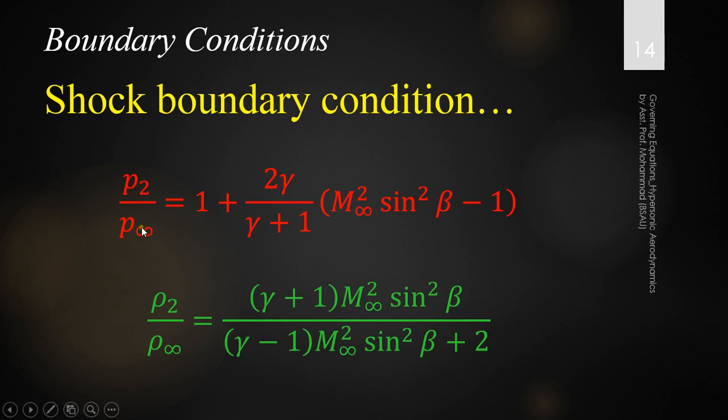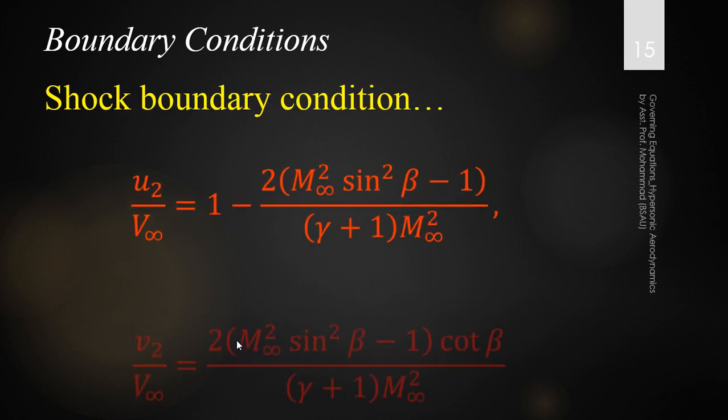So P2 by P infinity is the general relation for the pressure ratio across an oblique shock of shock angle beta given here. This is an exact relation. First of all, we saw that this is a density ratio. So the pressure ratio and the density ratio both will be applicable on the shock boundary condition, and they will affect the governing equation, and they will help us in finding the constants when we integrate them.